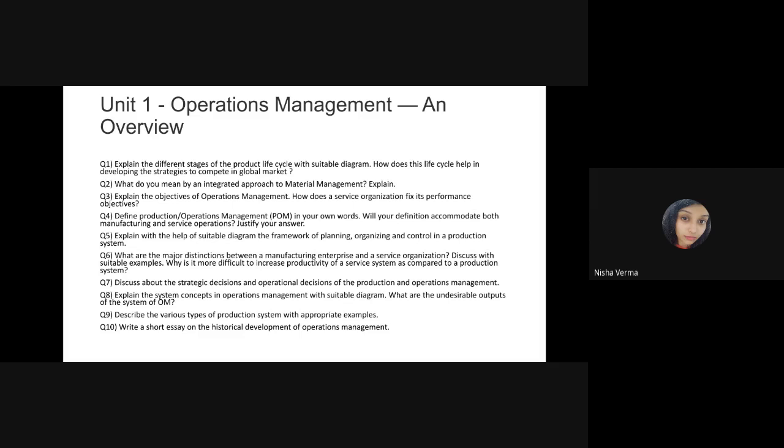This conversion efficiency can be roughly gauged by the ratio of output divided by input, not input divided by output. It is output divided by input, a term which is generally known as the productivity of a system.